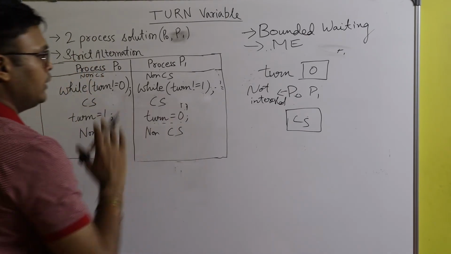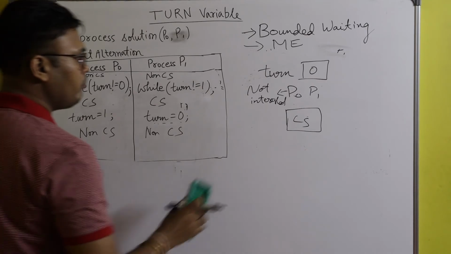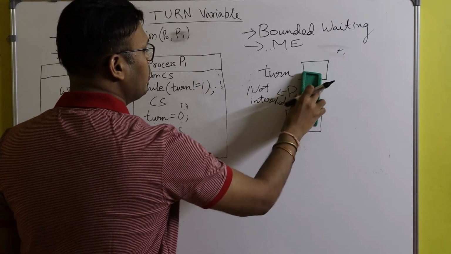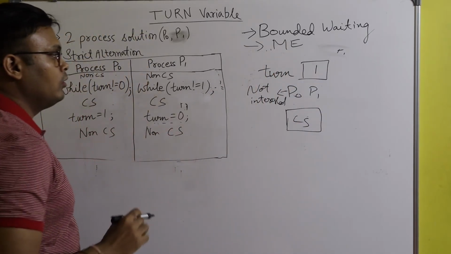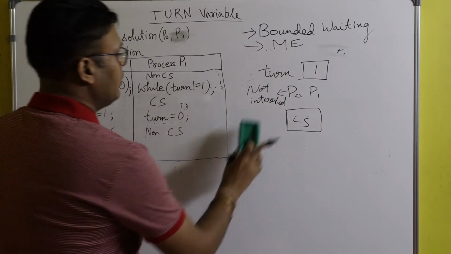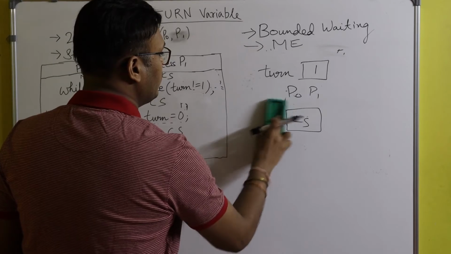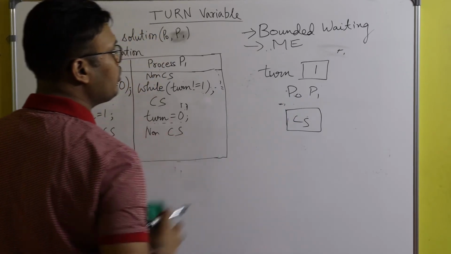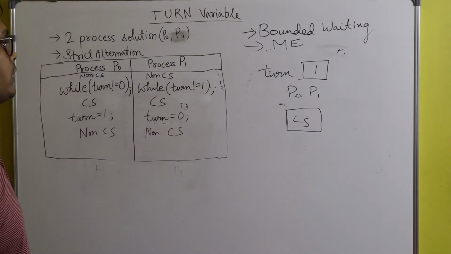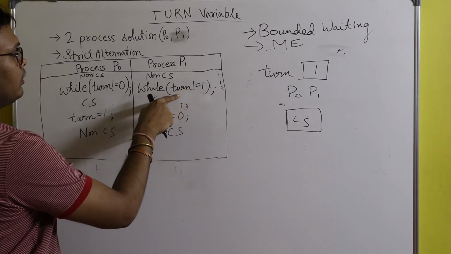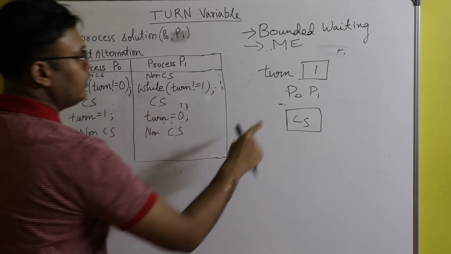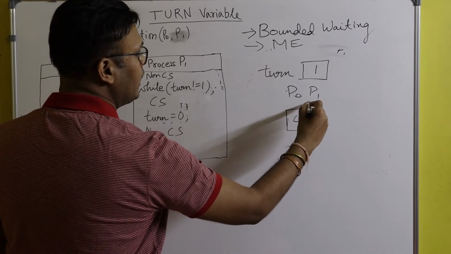Let me explain this again. Suppose the value of turn is 1. Then obviously P1 will enter inside the critical section, since 1 not equal to 1 fails. So P1 will definitely enter.